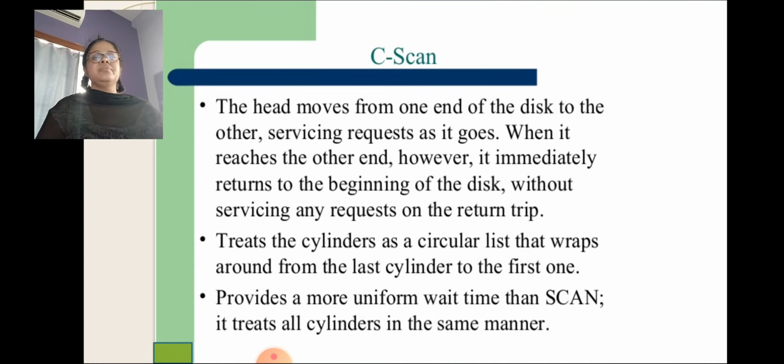C-SCAN algorithm. Circular SCAN, or C-SCAN, scheduling is a variant of SCAN designed to provide a more uniform waiting time. Like SCAN, C-SCAN moves the head from one end of the disk to the other, servicing requests along the way.